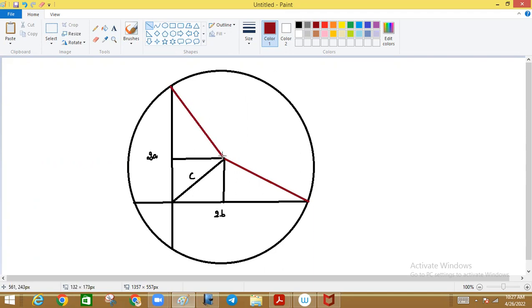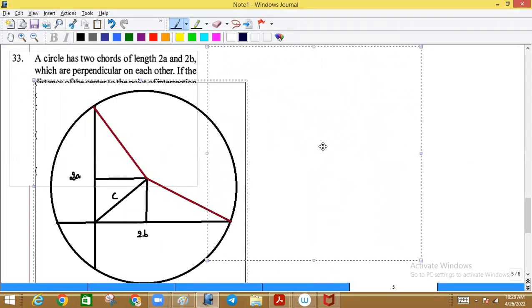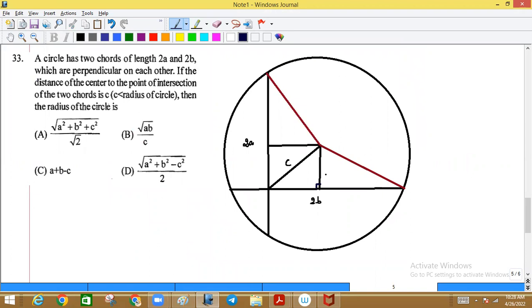This one is also radius. Do we know this distance? We don't know. Assume it is x. This one also becomes x because these two are perpendicular, right? Do we know this distance? No. Assume it as y.